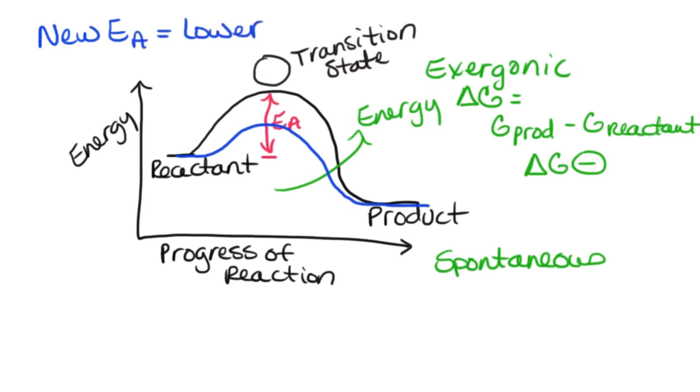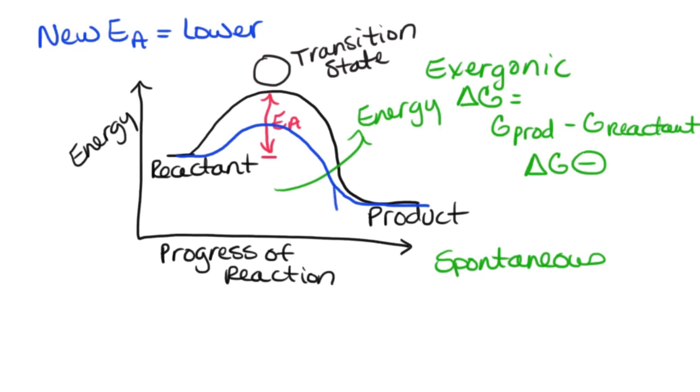Okay, so since it's lower, it's a shorter hill, we're not going to have to absorb as much energy to actually get to the top of the hill. So we would expect that that's going to be a faster reaction if the activation energy is the limiting thing here. So that's what an enzyme is going to do. An enzyme is going to lower the activation energy.